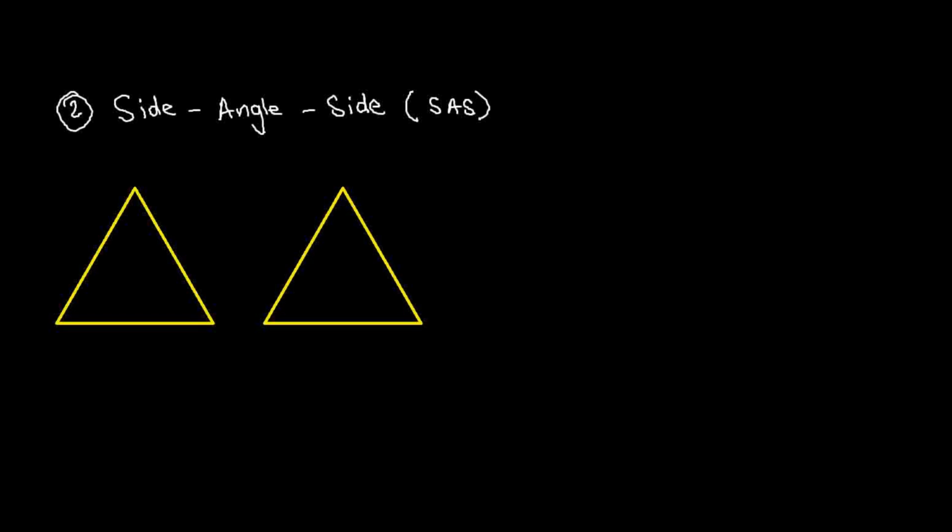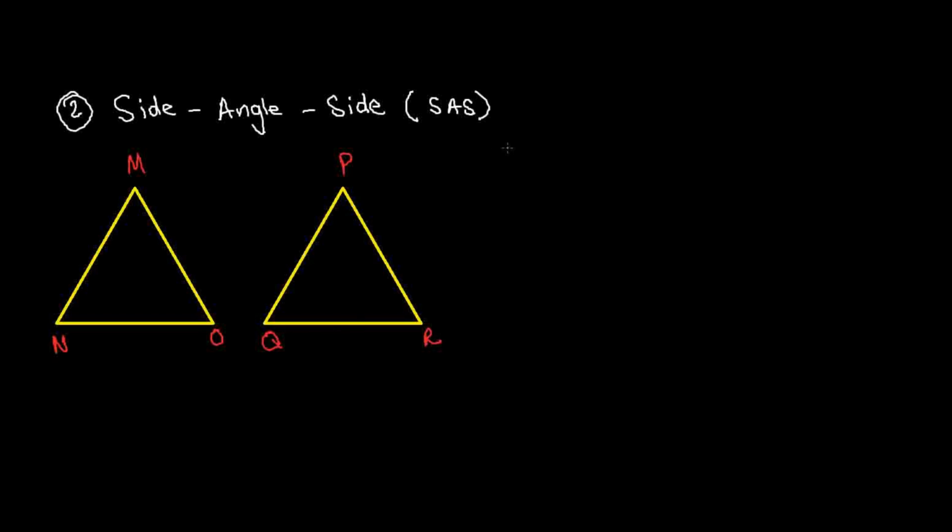Right, so let's just label our triangles. Instead of using the typical ABC, let's say this is triangle MNO, and let's say that this triangle is PQR, right?